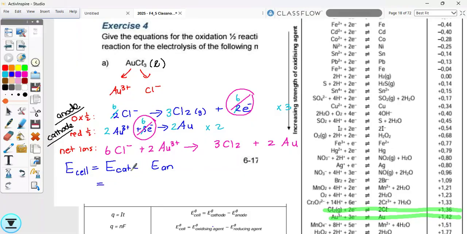So if we look, which of these two was the cathode, the chlorine or the gold? Gold. Remember, we have it here. That's why I always say these half cells are so important, because we already wrote that reduction happens at the cathode.